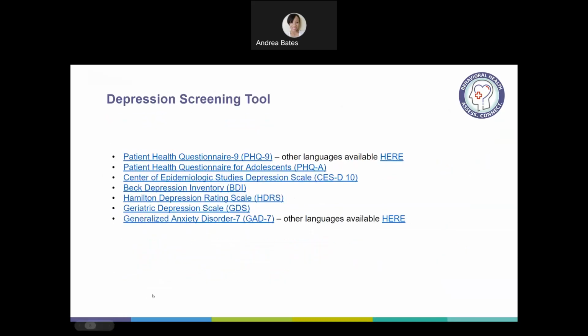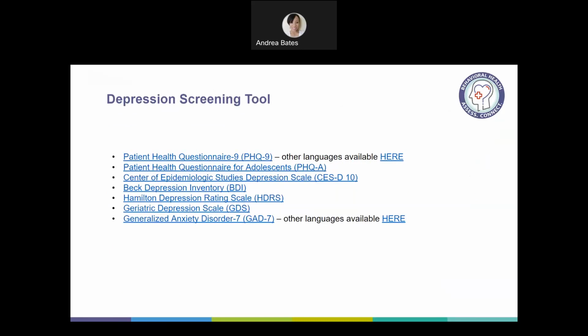And I always like to include some of the depression screening tools that are available. Like I said, the patient health questionnaire, PHQ-9, seems to be the most used.